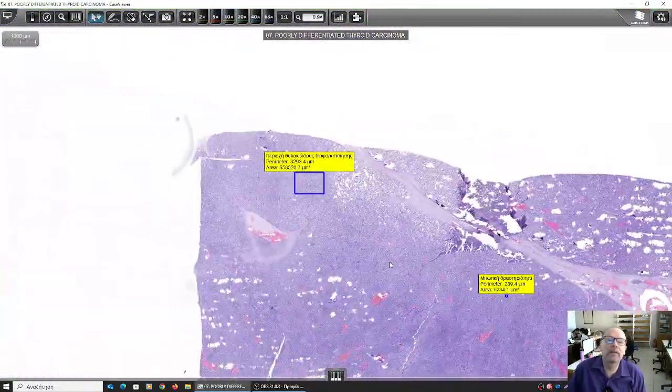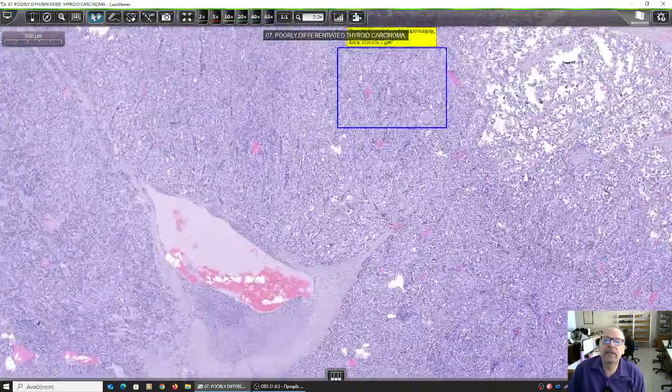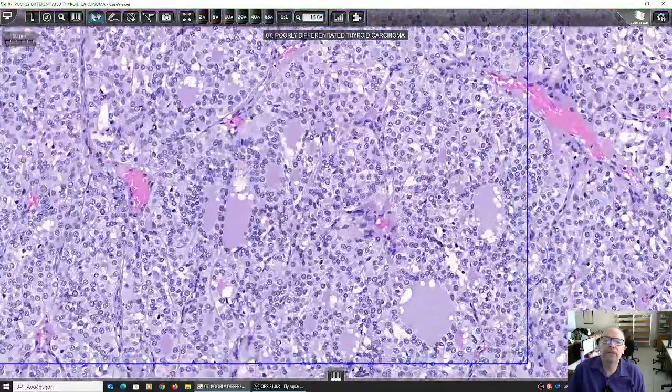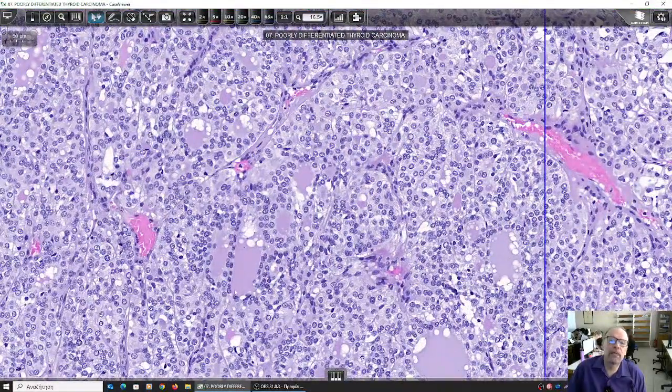However, in some places, I think you can see a pattern that reminds you of something that we've already seen. Despite the predominant solid component of the follicular cell carcinoma, what pattern is this here? Which is just a minority, but what is it?